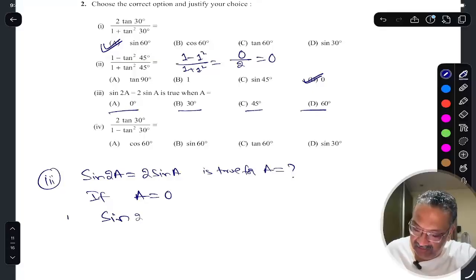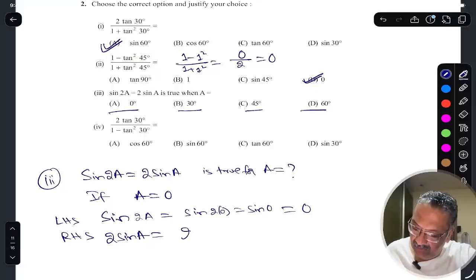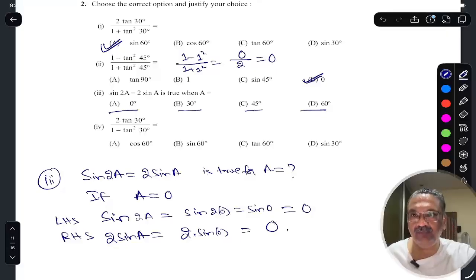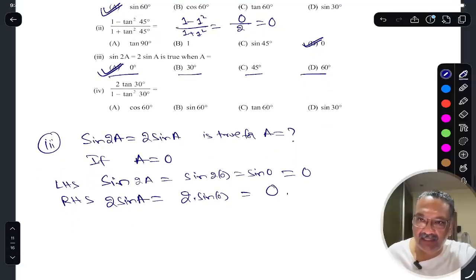In the LHS, sin 2A means sin of 2 into 0 is equal to sin 0 is equal to 0. Similarly, RHS becomes 2 sin A is equal to twice of sin of 0 equals to 0. So in the first choice we have got it correctly. So answer is A.